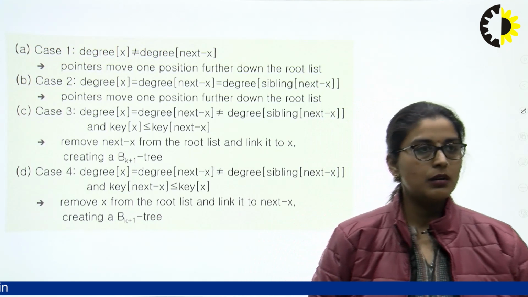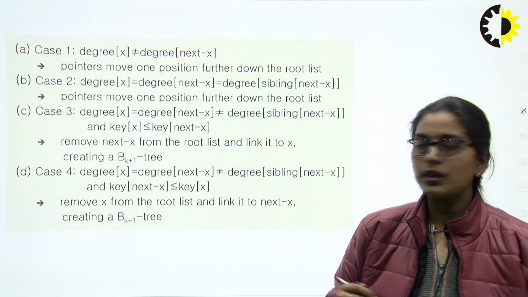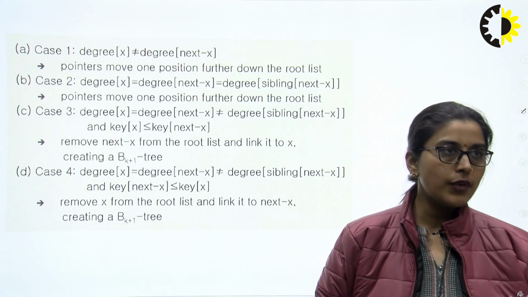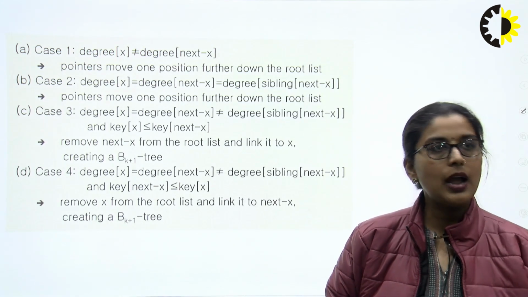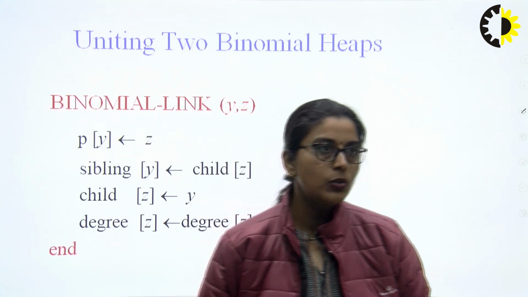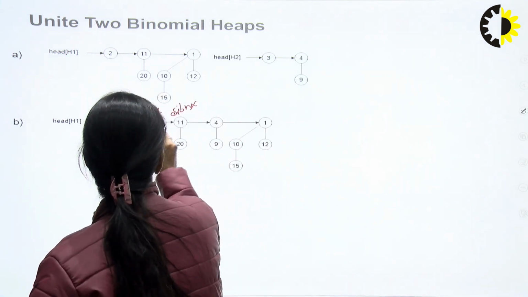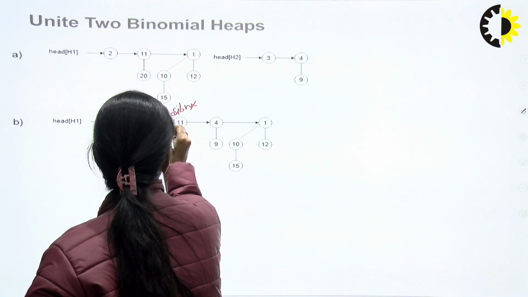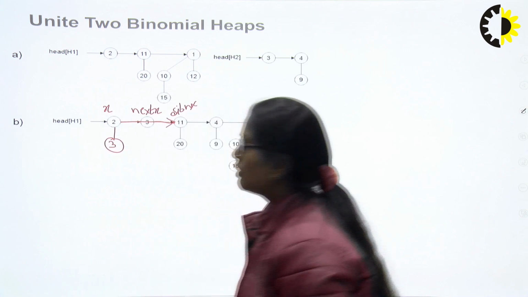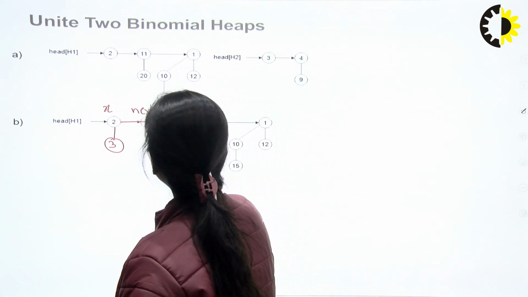Because the degrees of x and next of x are equal and the third degree is not, whichever is smaller is going to be the root. We are just cutting this and the greater one becomes the child of the root.